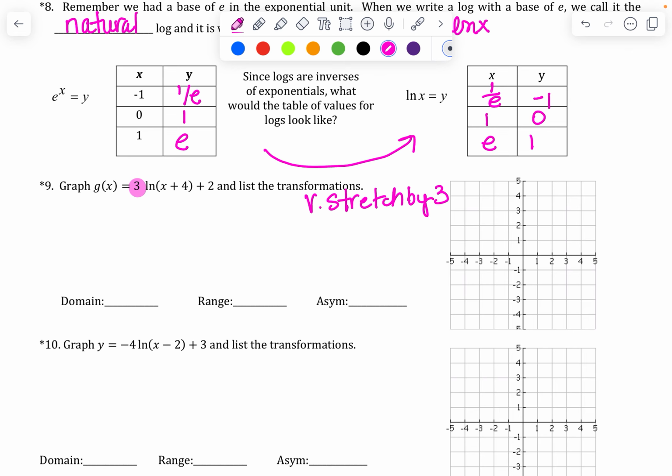At -3.6, I'm going to go down to the -1. At -3, I'm going to go up 2. And then another one I found was at, can't even read my own handwriting, -1.35. And then I can draw that.